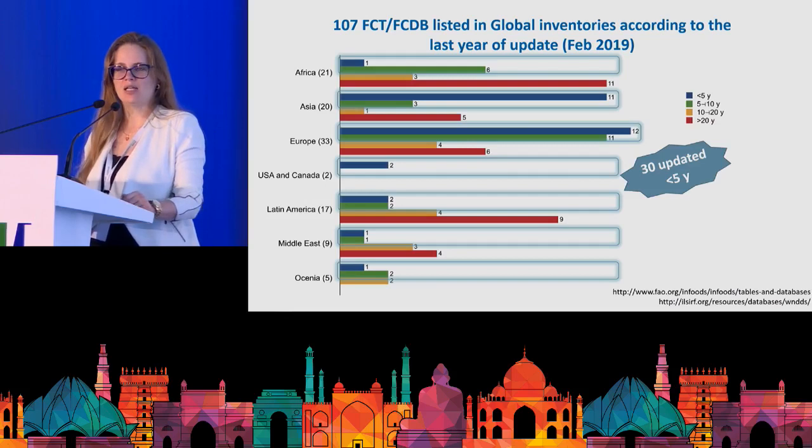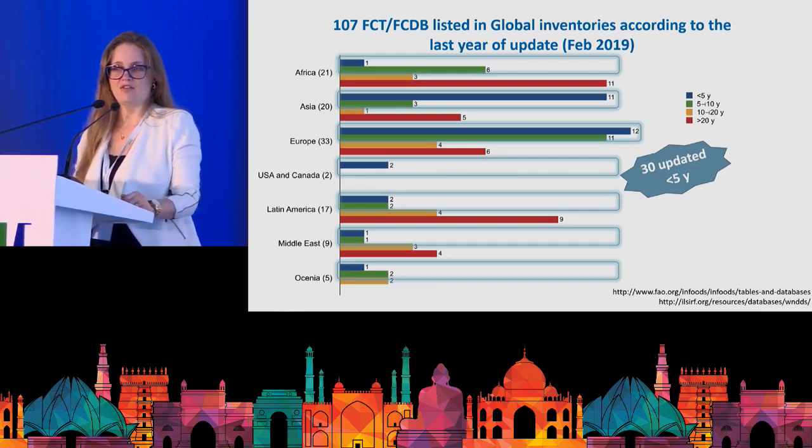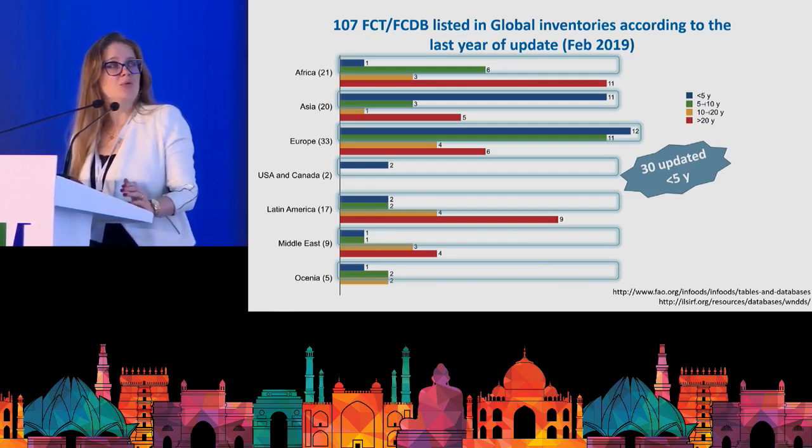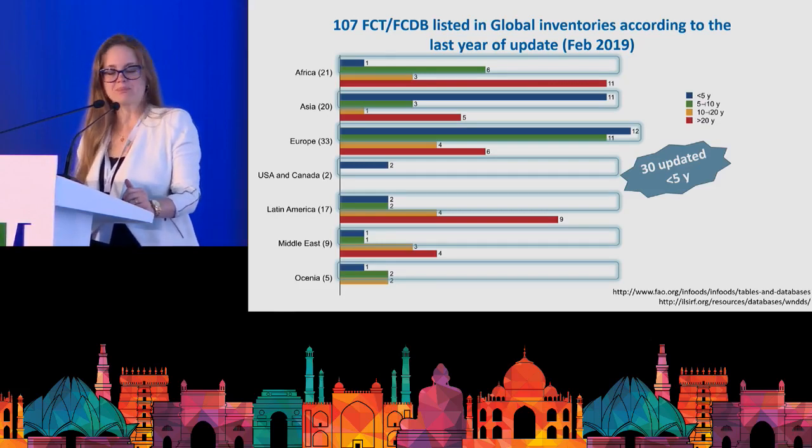So it's a high quality food composition table in terms of the availability of new analytical data, and it includes a huge amount of different compounds and components, so you can find a lot of very good information there.